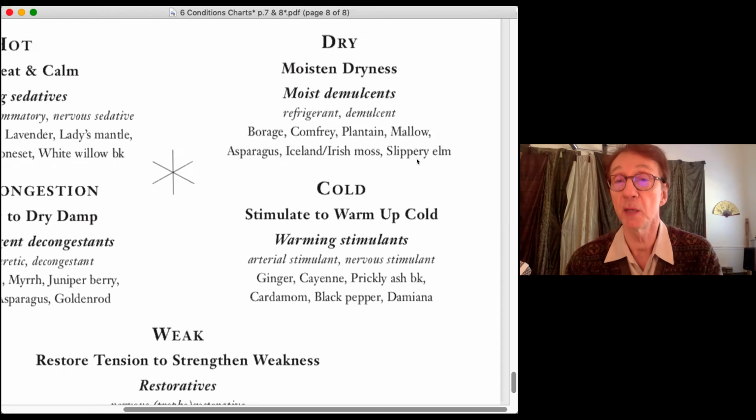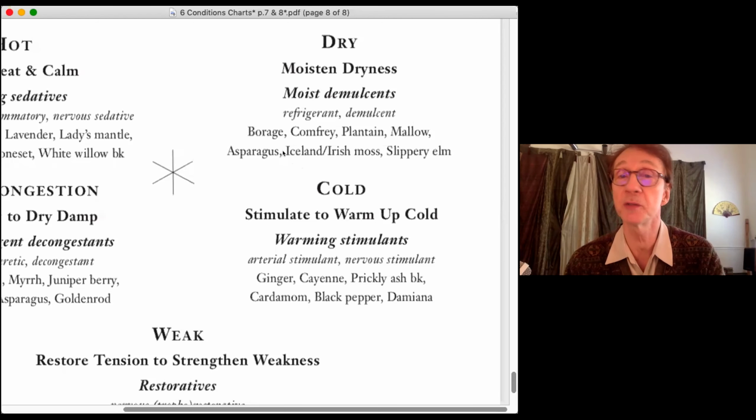By the way, slippery elm, I believe, is endangered. So be careful. I mean, use it only if you need to. I don't use it anymore, honestly. These are perfectly adequate. You don't need to use slippery elm bark at all anymore if you have some of these available, especially Iceland moss.